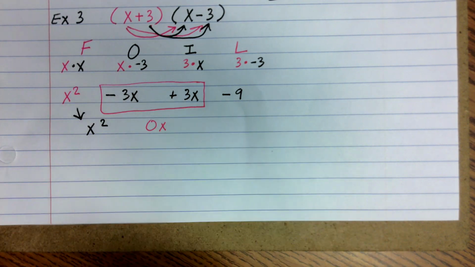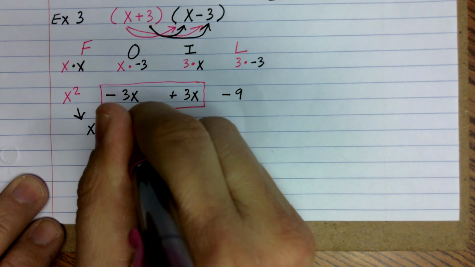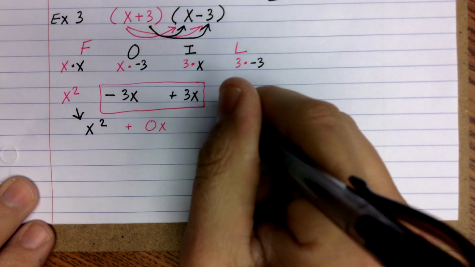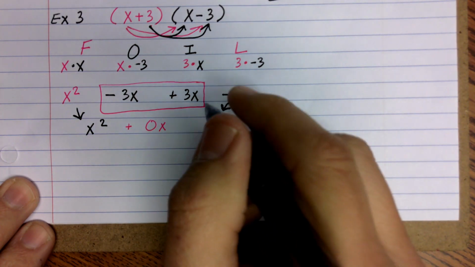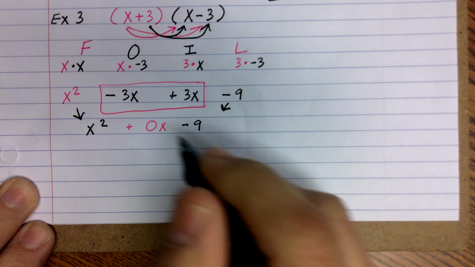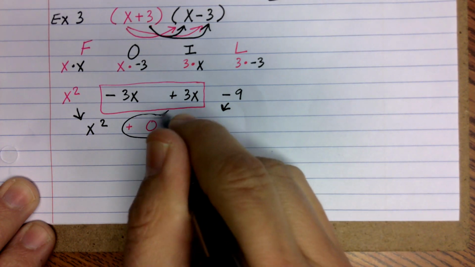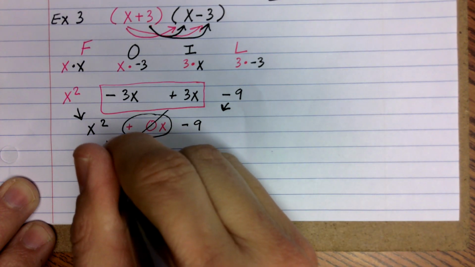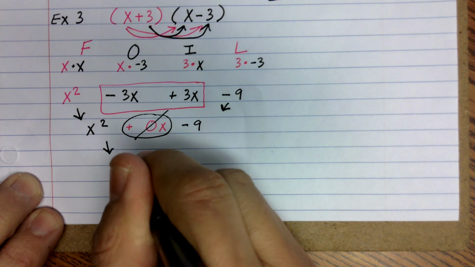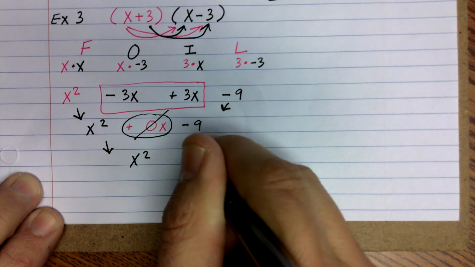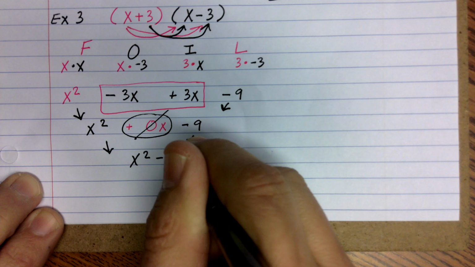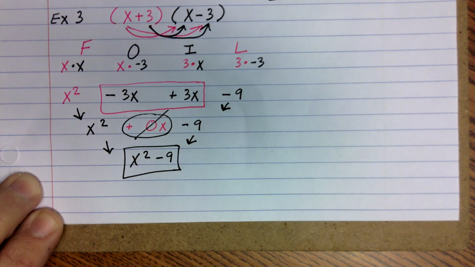And therefore we don't write it. We just leave it out. If this is new to you, you may be tempted to write 0x right there. Keep in mind, because it's a 0, we just leave it off. So this can simply be written as x squared minus 9. And that would be your final answer.